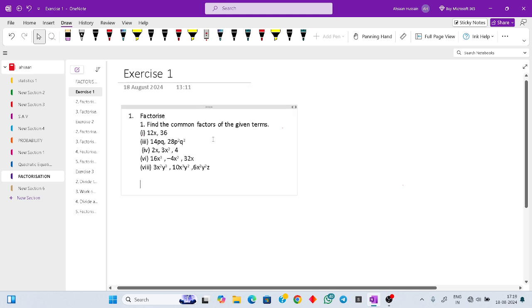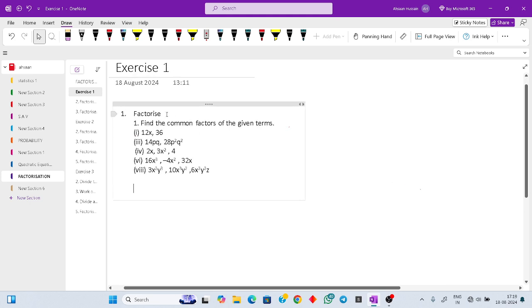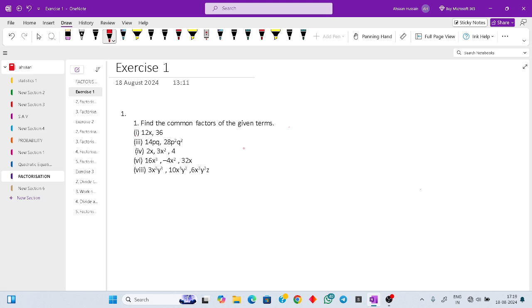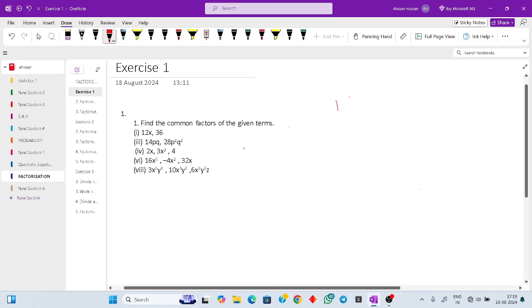So, our first question is: find the common factors of the given terms. Before directly jumping into the question, let's understand one simple topic. For example, there are two numbers, 18 and 27. What is the common factor of these two numbers?